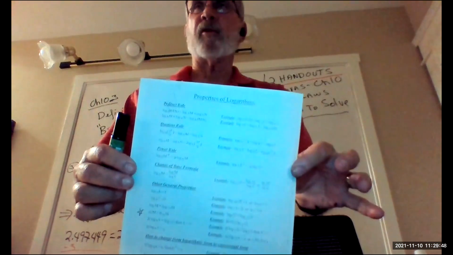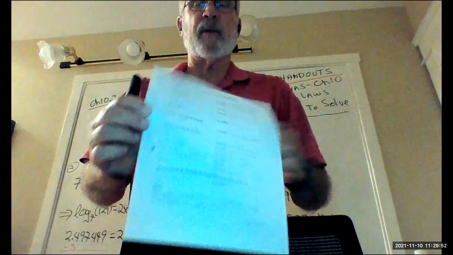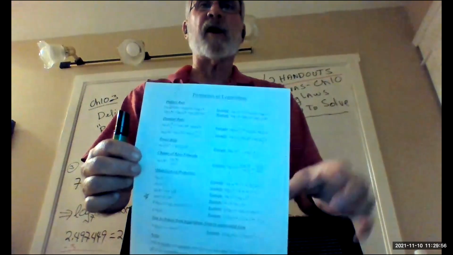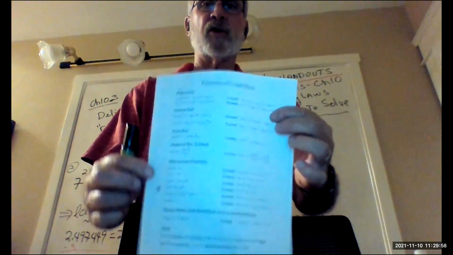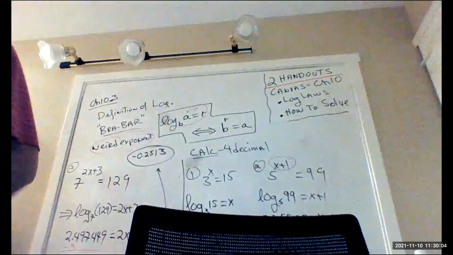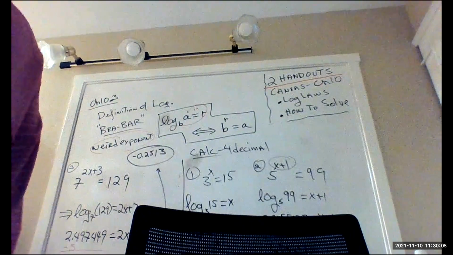I got this from a TA from 11 years ago. It's got his name down at the bottom. He did a wonderful job, except for one error, which I'll show you. You see it right over here? Don't worry about it.